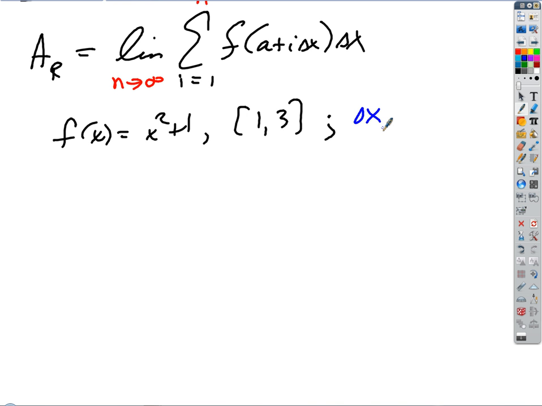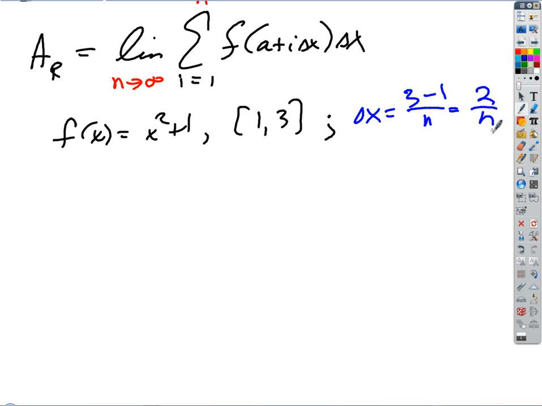What's our formula for our delta x? b minus a over n, right? So for us, b minus a over n is just 3 minus 1 over n, so just 2 over n. In the limit as n goes to infinity though, what does that delta x go to, obviously? 0, as it needs to.